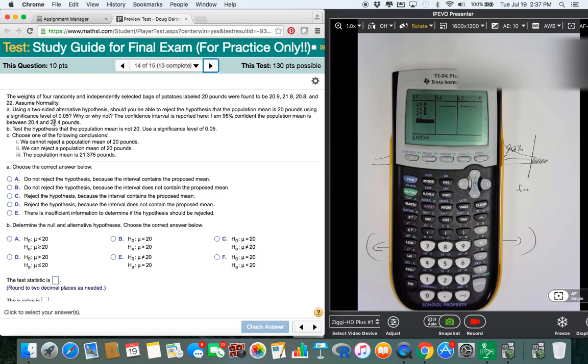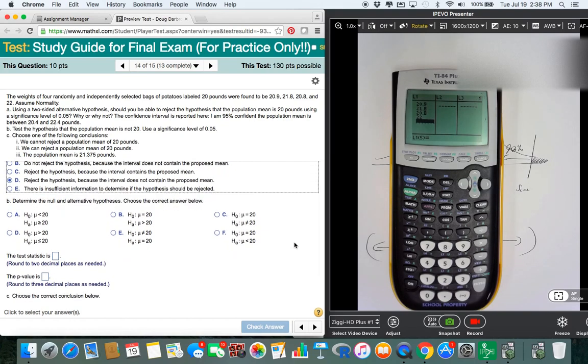All right, so if their confidence interval is correct, and we have to kind of take them at their word, we recognize that 20 is not in our interval. So we would reject the hypothesis because the interval does not contain the proposed mean.